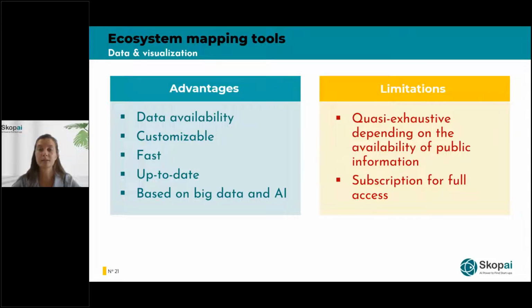And this provides a difference in terms of the data for different companies. And also a subscription is required to get full access to be able to use all the functionalities of these platforms.